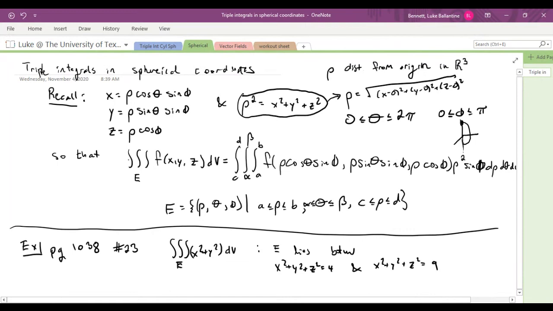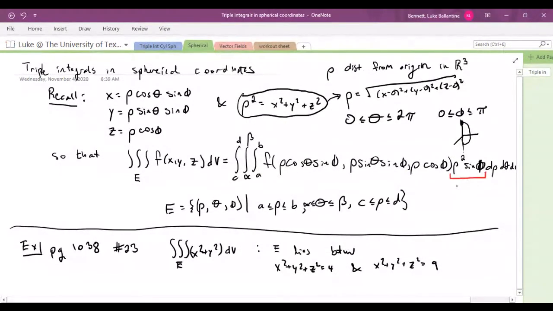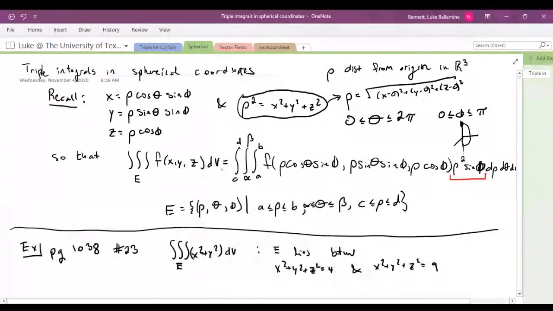And so the triple integral over E of f of x, y, z dV turns into this animal. Notice instead of r, we have rho squared sine phi converted from our dV.